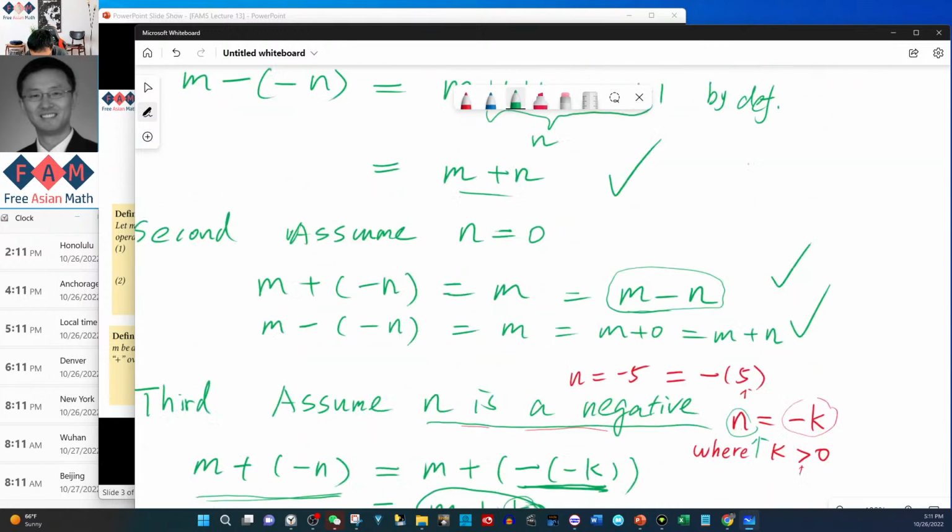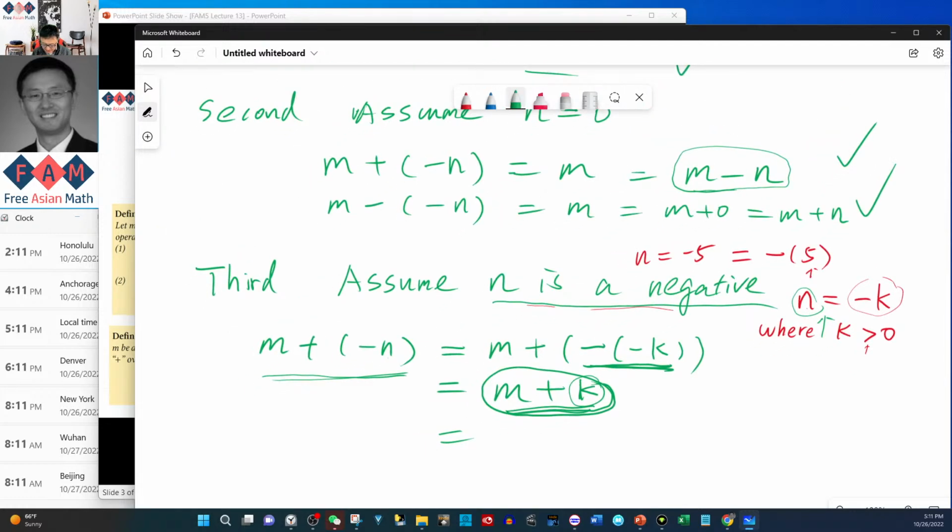And that's exactly what we are trying to see here, right? So, when n is a negative integer, m plus this is exactly m subtracting n, where n is negative k. Because of this, this is really nothing but m minus n. Okay?